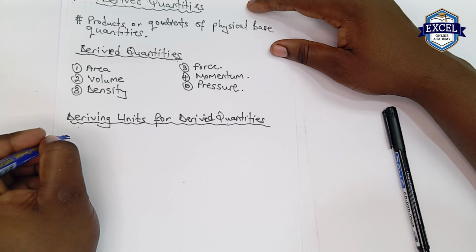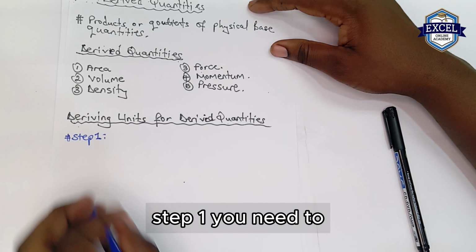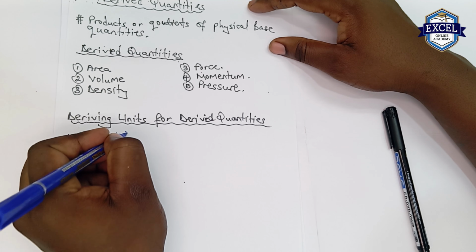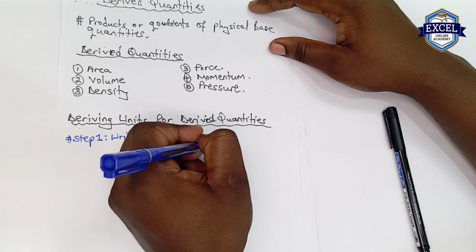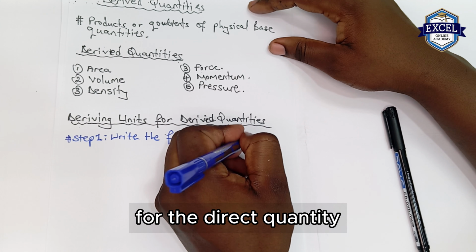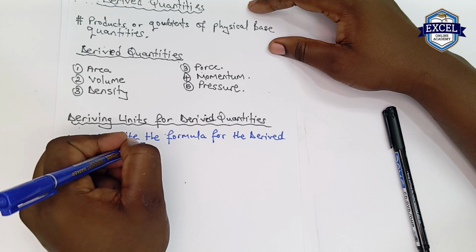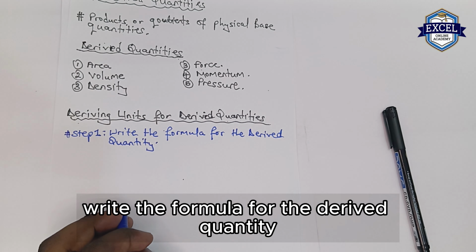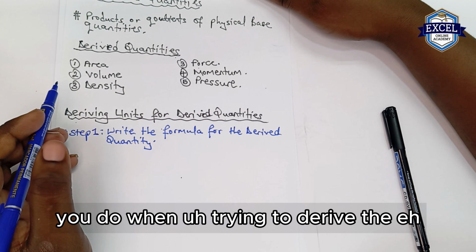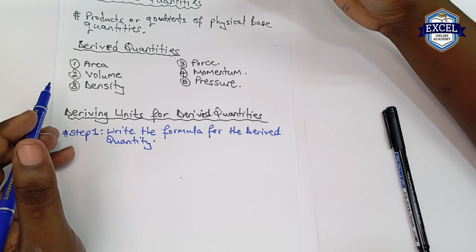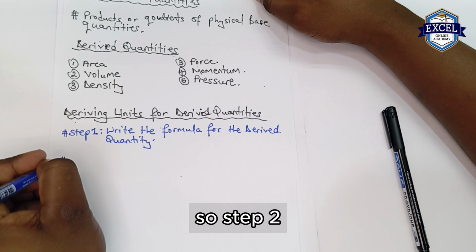So step one, you need to write the formula for the derived quantity. This is the first step. Write the formula for the derived quantity. This is the first step that you do when trying to derive the units.